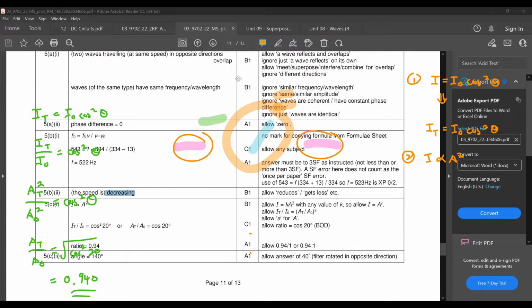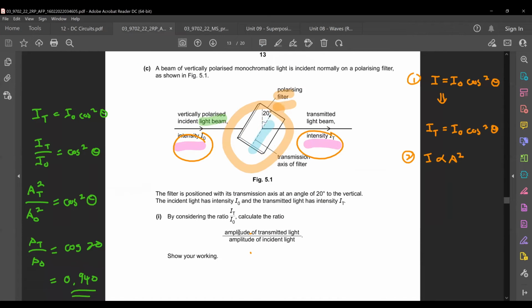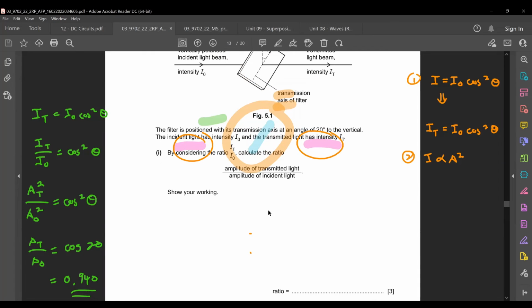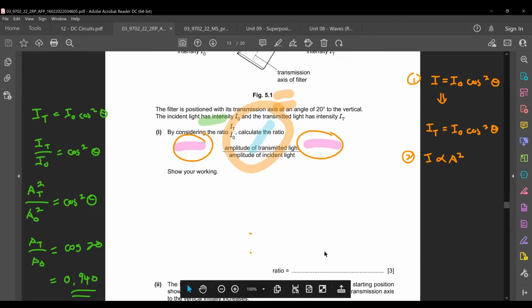This one, you don't need to have the square. This one is just cos 20. Okay, so that is your working for this one. Show your working: amplitude of transmitted light to amplitude of incident light. This is for 3 marks.